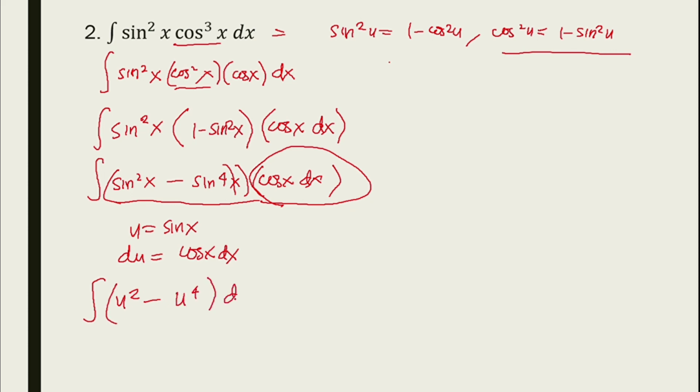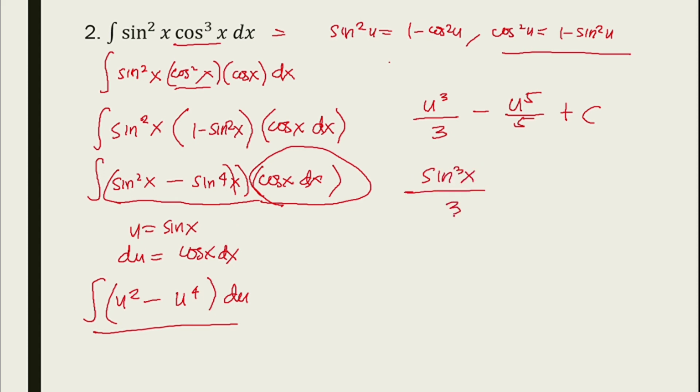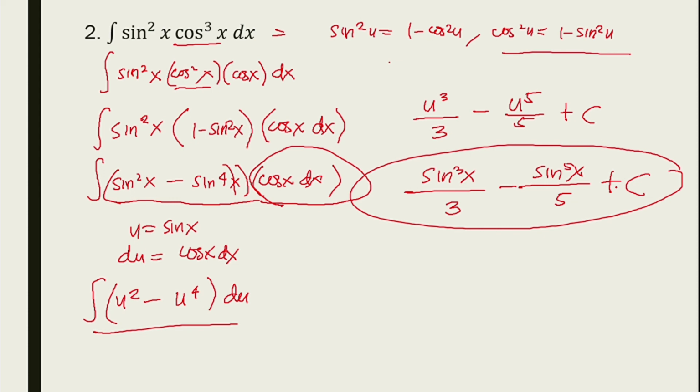After that, we integrate: u cubed over 3 minus u raised to 5 over 5, plus c. So what is our u? Our u is equal to sine, so therefore sine cube x over 3 minus sine 5x over 5 plus c. So this is the final answer for number 2.